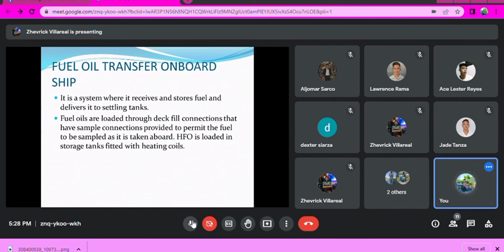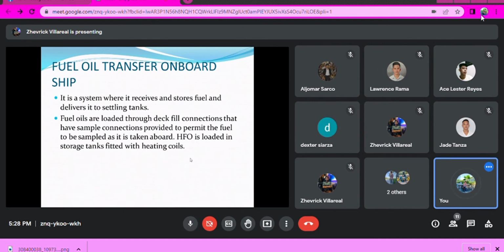Piping is so arranged that the pumps can convey fuel between the storage tank and the deck connection for unloading. Settling tanks are used to allow contaminants, water, and solids to settle on the bottom.